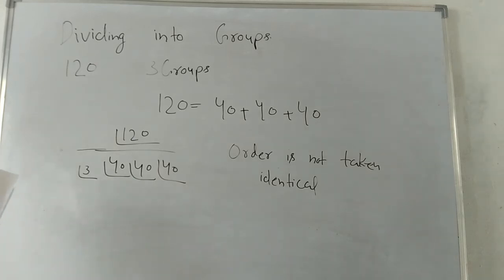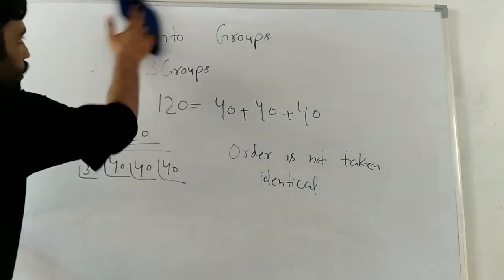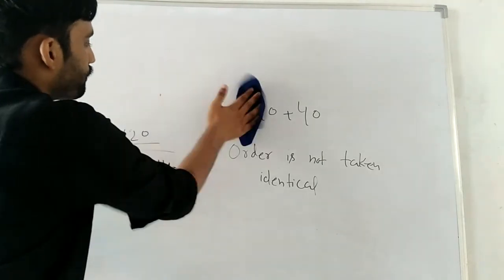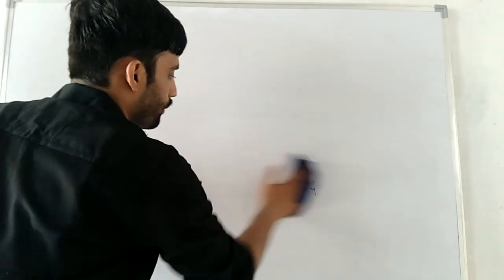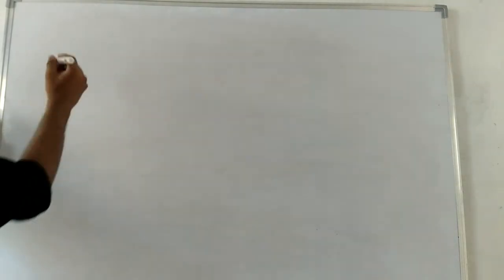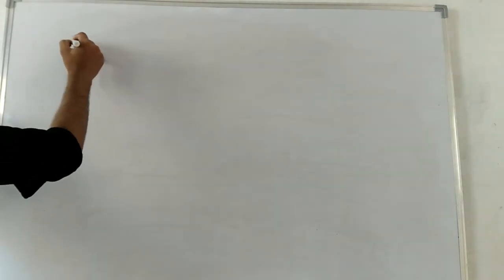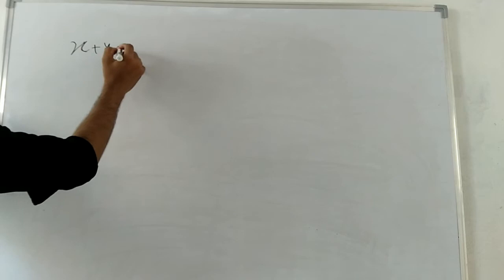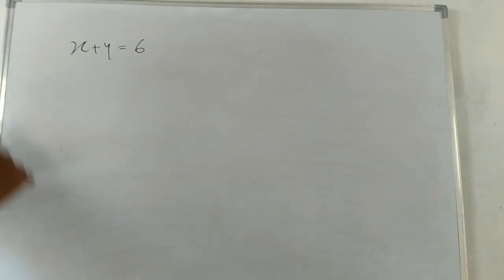Now going to the next question, we will see the non-negative integral solving of linear equations. It is a very important question, as we have x plus y is equal to 6.